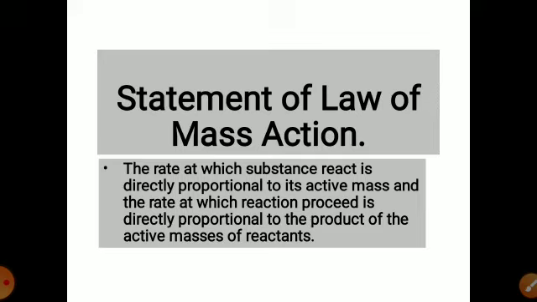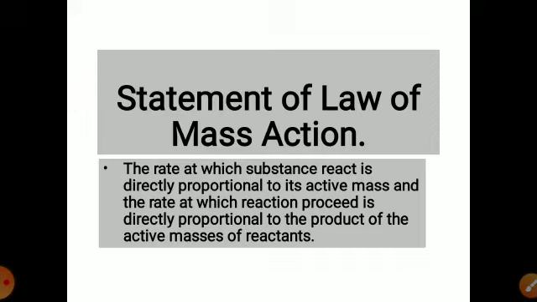The rate at which a substance reacts is directly proportional to its active mass, and the rate at which a reaction proceeds is directly proportional to the product of active masses of the reactants. This law contains two parts. In the first part, it talks about substances. In the second part, it depends upon the rate of chemical reaction.